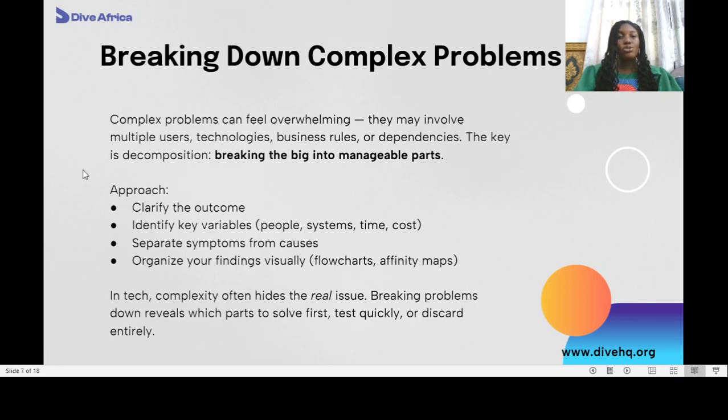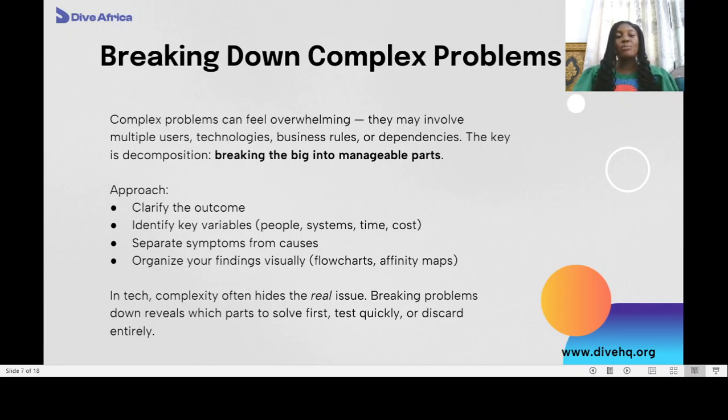So when it comes to breaking down complex problems, you need to be able to understand the approach: clarify the outcome, identify key variables, who are the people involved, separate symptoms from causes, organize your findings visually. In tech, complexity often hides the real issue. So if you are unable to break down complex issues, you won't know how to go about it or what to do.